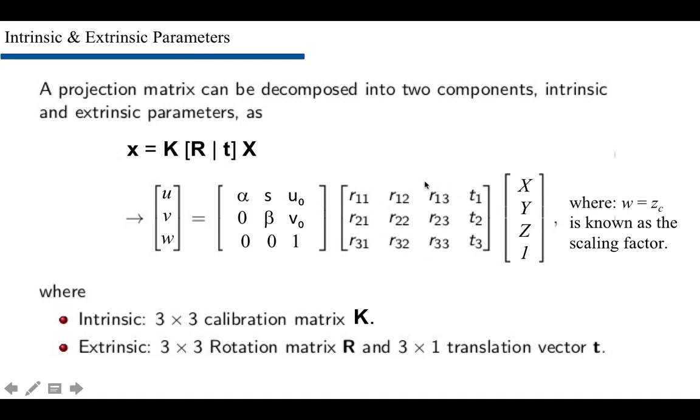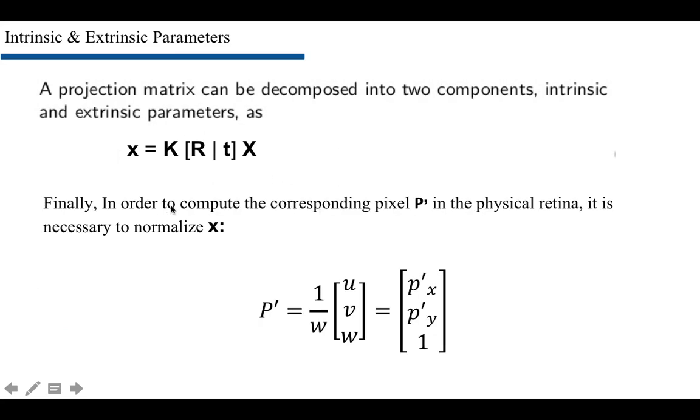The extrinsic parameters relate a point in the world coordinate frame to the camera coordinate frame, while the intrinsic parameters map the point in the image plane, in meters, to a point in pixels.